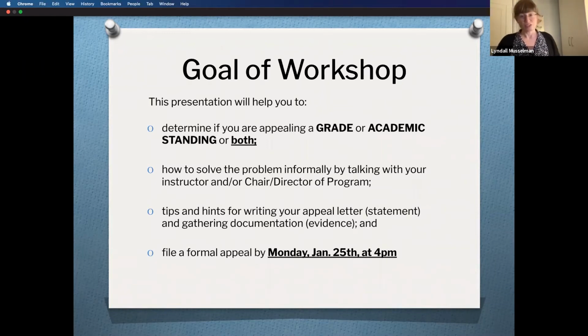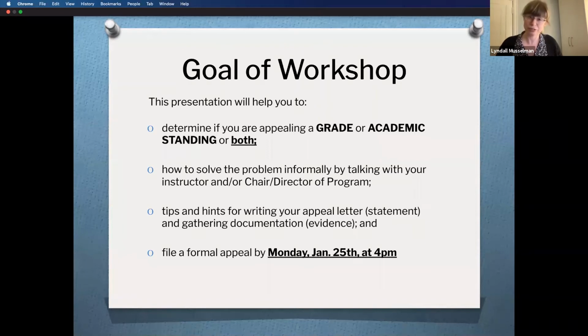And then finally, you should all just be aware that there is a hard deadline for grade and standings appeals, and it is Monday, January 25th at 4 p.m. And then just one little piece about the deadline is that if you already anticipate some barrier, or if you have some extenuating circumstances that are ongoing and you're going to be hard pressed to meet that deadline, be aware that you can ask for an extension, but you have to ask for the extension in advance of the deadline and explain your circumstances.